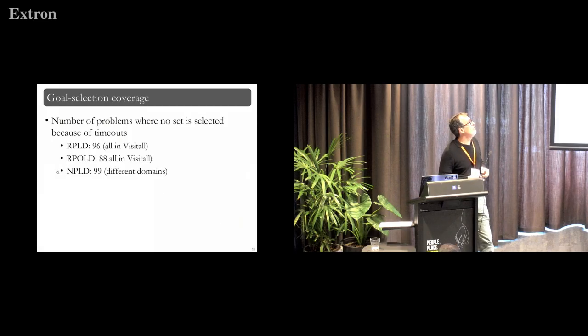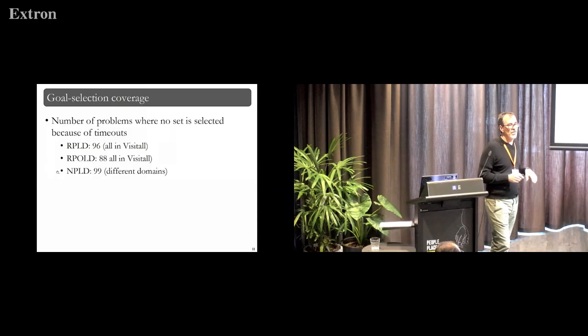So if we look at the coverage and the number of problems for which we could not calculate the estimations at the beginning, in the original work it was 96 problems, all of them in the VCTOL, which is a domain with a lot of goals. This number is not reduced a lot, but it's reduced if we do lazy calculations.